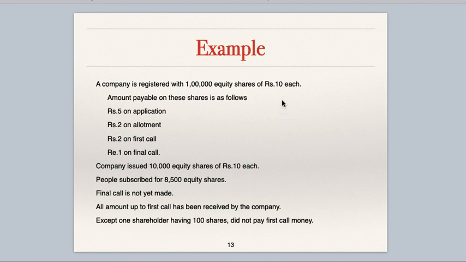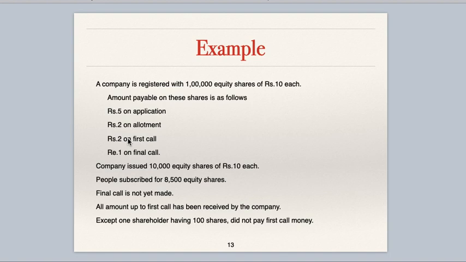Now, what would be authorized capital? 1 lakh into 10. What would be issued capital? Company has issued 10,000 equity shares, 10,000 into 10. People have subscribed for 8,500 shares. So subscribed capital would be 8,500 into 10. Company has called only 5 plus 2 plus 2, that is 9.